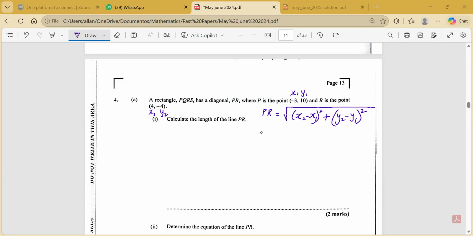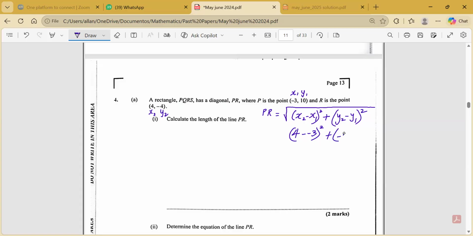All right, so let's look at that. So it is 4 minus -3, so 4 plus 3 is 7. You say you only answer in 2 decimal places.